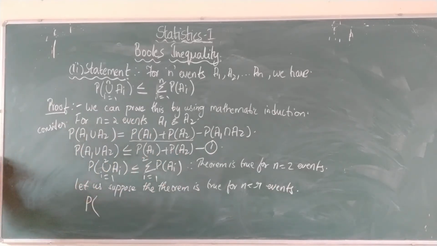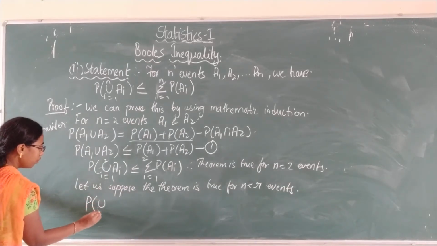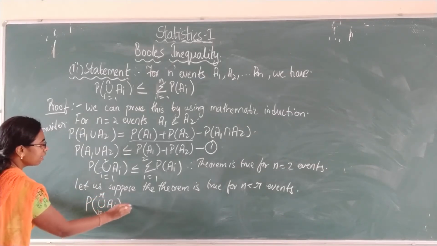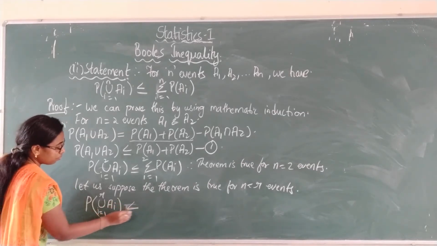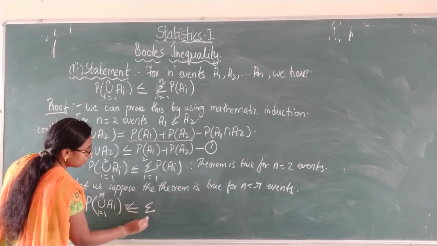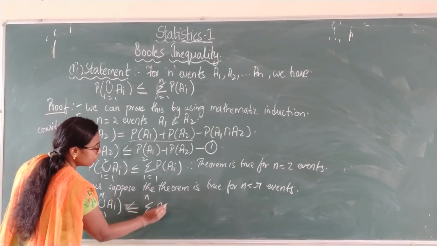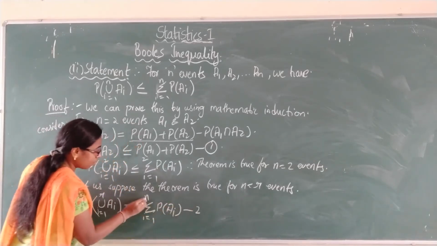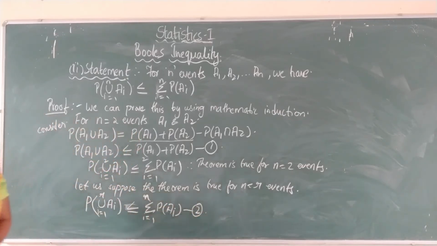Just in the statement, in place of n, write down the r value, that is probability of union of i equals 1 to r of Ai is less than or equal to summation i equals 1 to r probability of Ai. You keep this as equation 2.